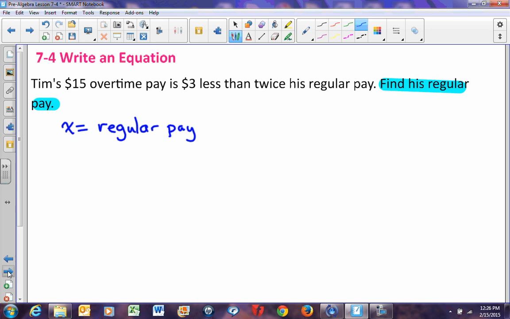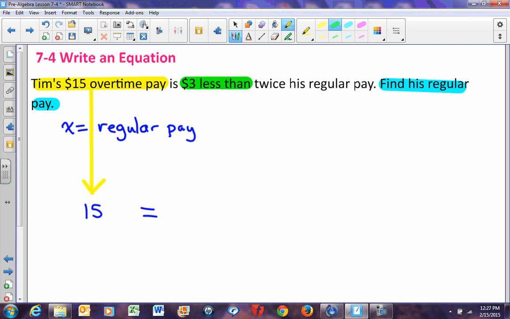So Tim's $15 overtime pay. Let's highlight that a second. That is exactly what it says it is. It's $15. So I'm going to say that's 15. Is means equals. 3 less than twice his regular pay.